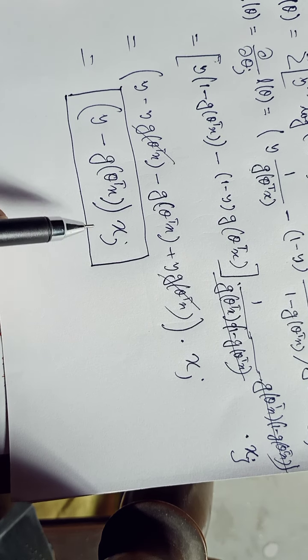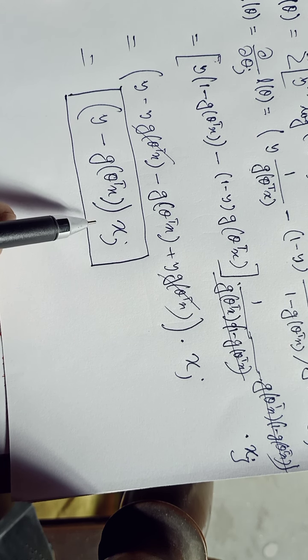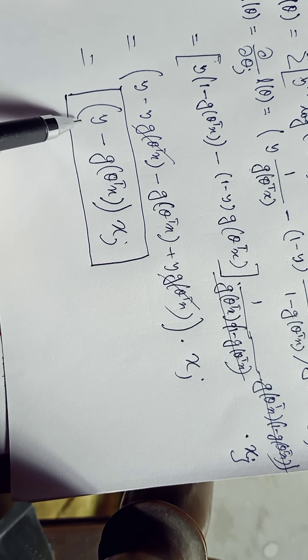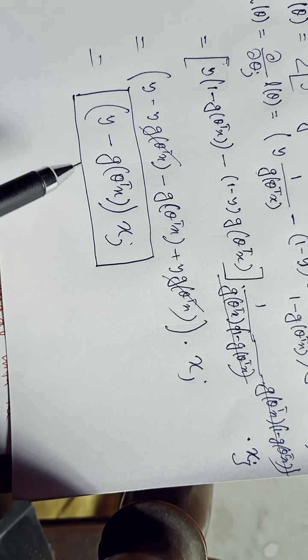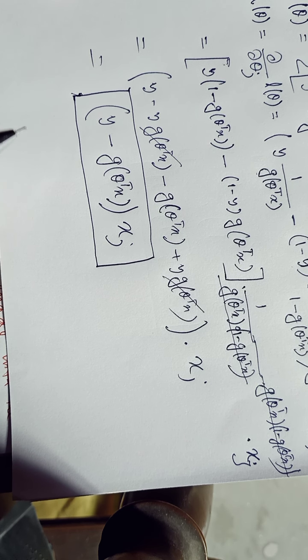In linear regression this value is continuous, but in logistic regression this y is a discrete value. So though the update function is same, the variables are different.